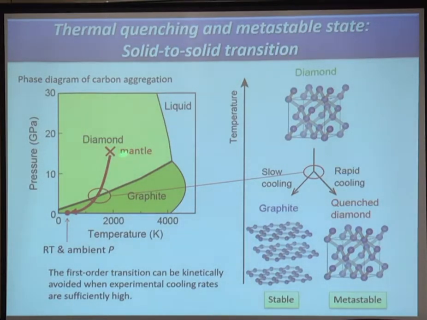So when natural diamond born in the mantle slowly goes to the surface of the earth, diamond turns into the more stable graphite state through this first order structural transition. But when diamond quickly goes to the surface of the earth, this first order structural transition can be kinetically avoided. As a result, natural diamond can persist as a metastable state even at room temperature and ambient pressure.